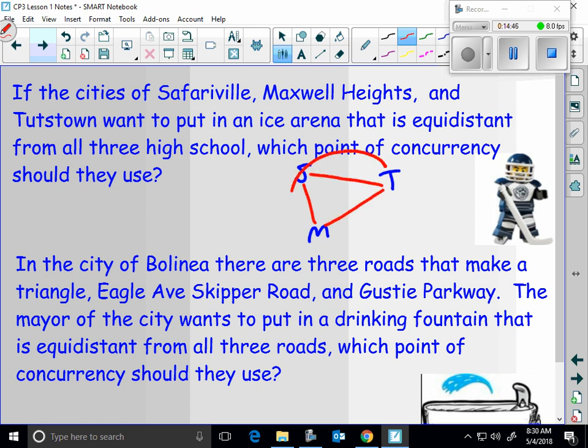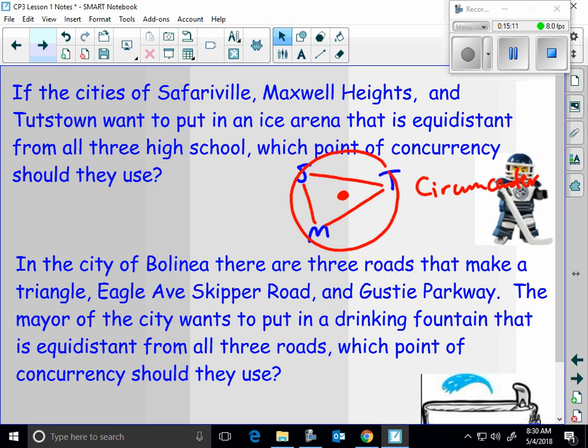So I draw a circle. What would that center right there be called? The circumcenter. The circumcenter is equidistant from the 3 vertices of the triangle. Think of it as high schools, not paths, but high schools. Locations where people would stay, not where they'd travel around.